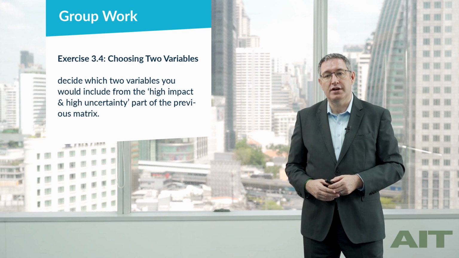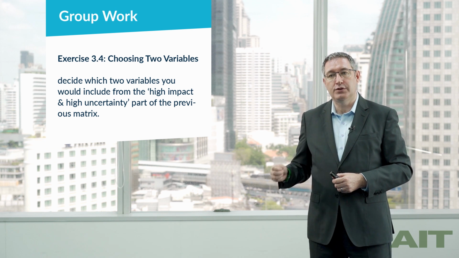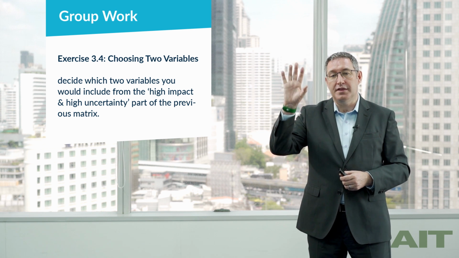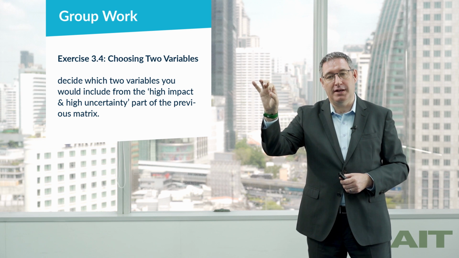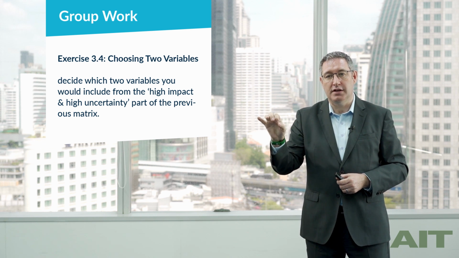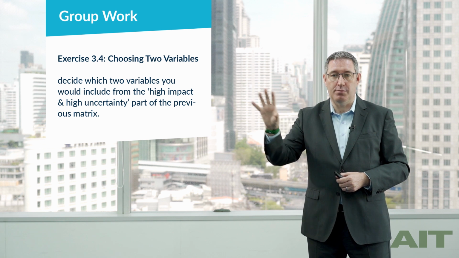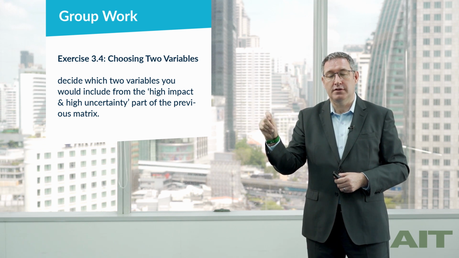Okay, so exercise 3.4 is to go through, and in your groups, I would like you to decide on which two variables which are in that zone of interest, high unpredictability and high impact. Right? Make sure you've got enough variables in that particular box, and you only choose from that box, right?